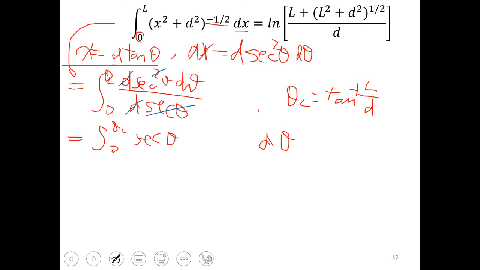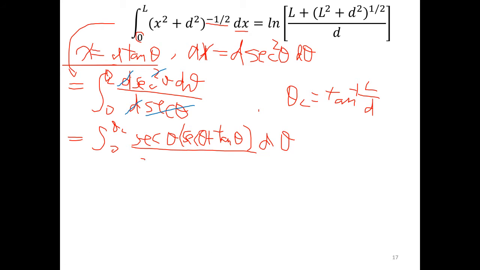We do a trick to do this integration: we multiply the denominator and the numerator by tangent theta plus secant theta. So it becomes like this.